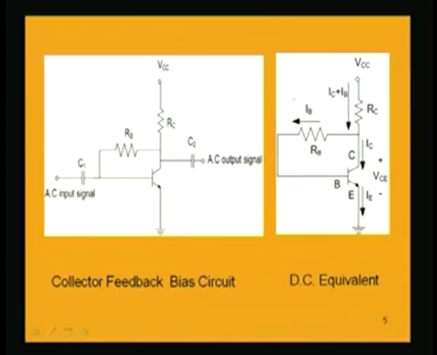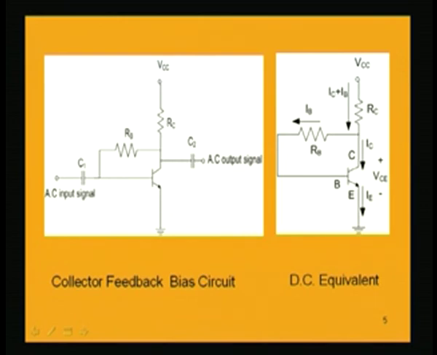So, for this equivalent circuit, with the currents as shown, the current through this RC will be IC plus IB, because this base current is flowing into the base and the emitter current is IB plus IC. The current which is flowing into the transistor must be the same as the emitter current, because that is the current which is outgoing from the transistor.